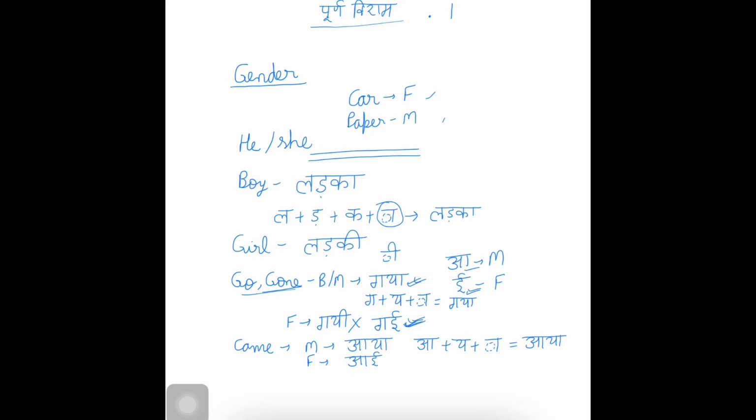Most of the time, the mistake which a non-native speaker commits is that whenever a male is speaking, he will say मैं वहाँ नहीं गई, I did not go there. He uses गई.